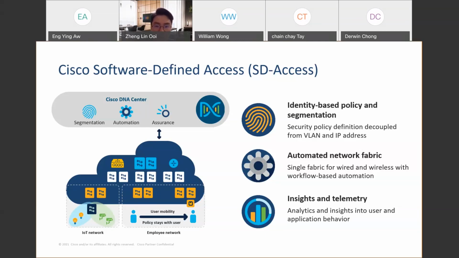The whole building network will collapse because of the broadcast storm. With VLANs properly configured, we're able to retain the issue to only a particular segment. So it's easier for us to narrow down our effort, focus on the specific VLAN and do the troubleshooting. That is a good thing about Cisco software-defined access.